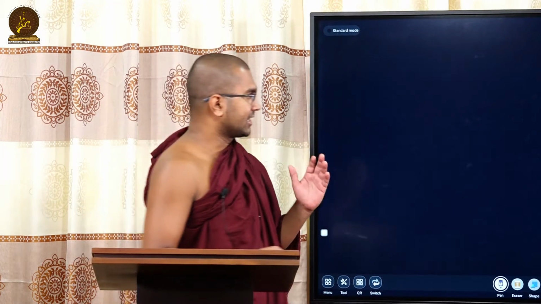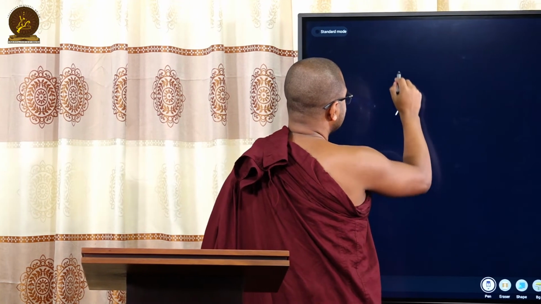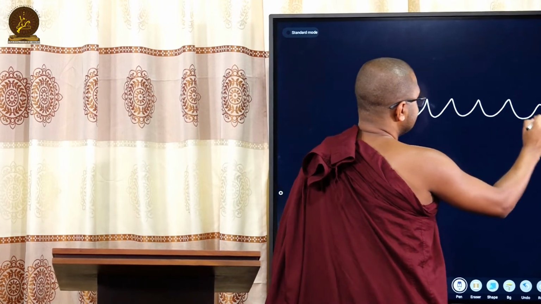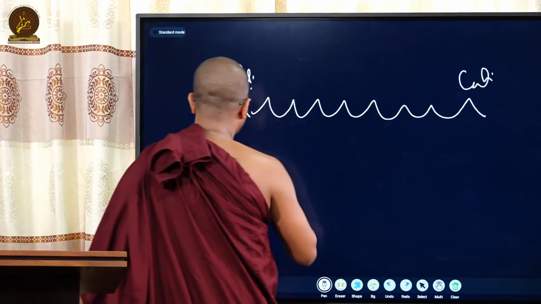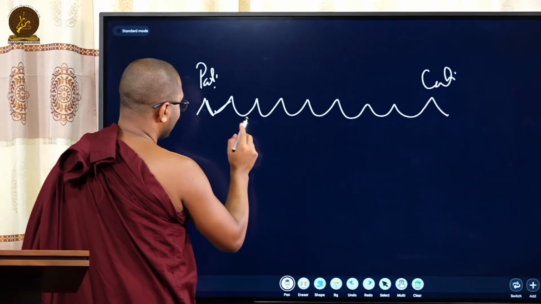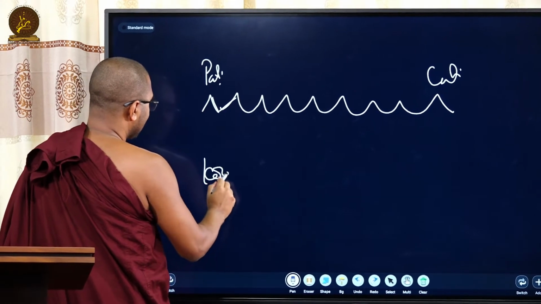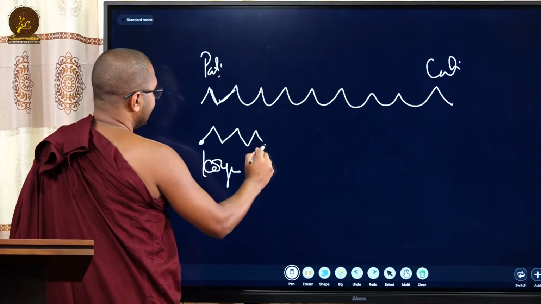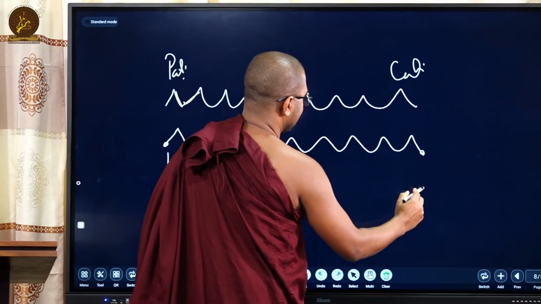So in order to contemplate the Kammaja Rupas, if this is our Patisandhi, and this is our Chuti, right? We know the Chakkhu Pasada, okay, let's take Kaya Pasada, for example. Kaya Pasada arose together with the Patisandhi Chitta, right? And then this generation ends together with the Chuti Chitta.